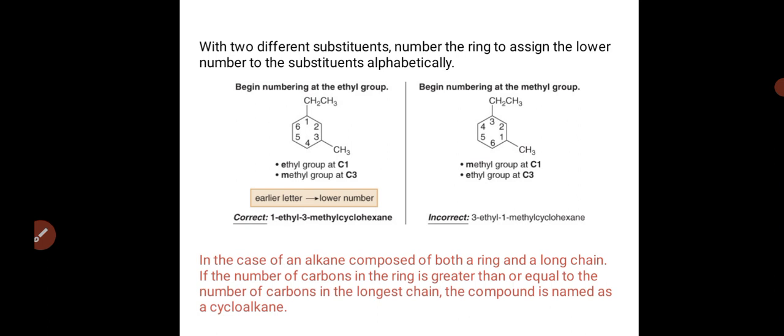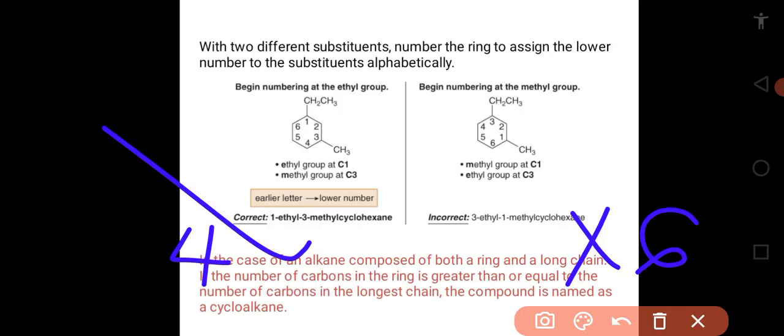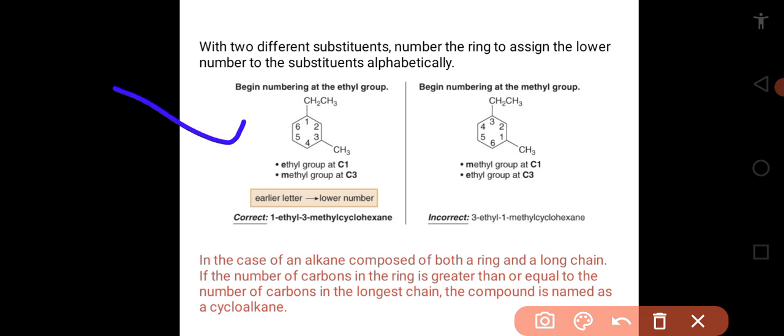Ethyl always comes first, so you take the ethyl with the lower number. So that is why 1-ethyl-3-methylcyclohexane is the correct one, and the other one is wrong because the methyl is at carbon 1 and the ethyl is at carbon 3.